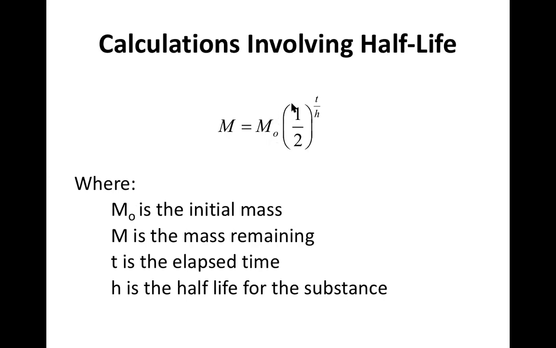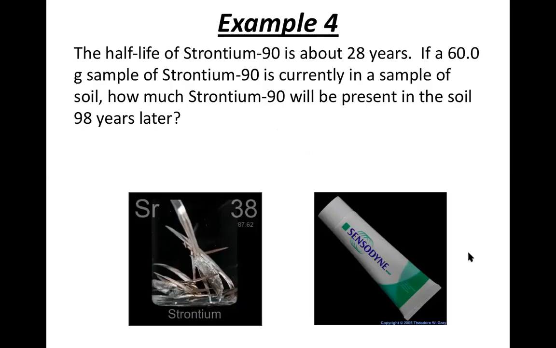You multiply it by 1/2, but how many times you multiply by half depends on the elapsed time divided by the half-life of the substance. So if we had 11,400 divided by 5,700, that was 2 half-lives. The 100 grams of our carbon-14 graph would be cut in half 2 times because this exponent was 2. So hopefully that makes sense.